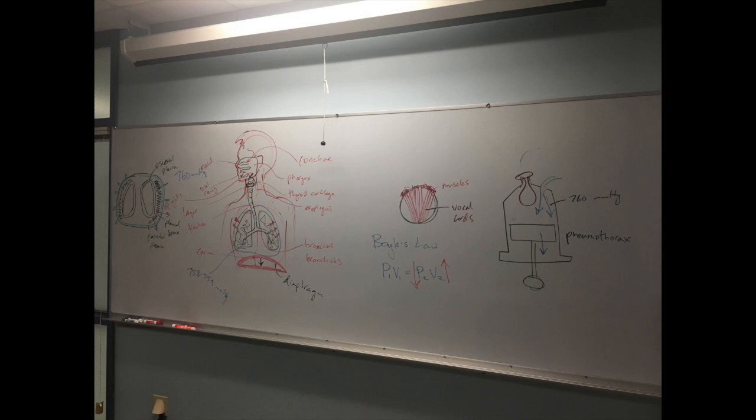This is how it works with Boyle's Law. P1, that's the pressure in the container at time 1, before we move the stopper. V1, that's the volume of the container before we move the stopper. If we multiply these two together, we're going to get a number. That number is going to remain equal no matter what we do, okay? So at time 2, what did we do to the volume when we moved the stopper?